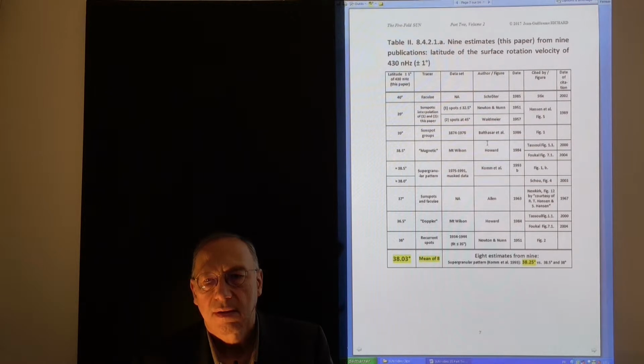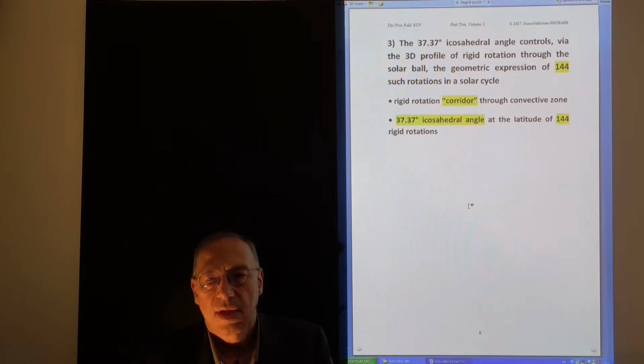You see here an excerpt from the book, this table from part 2, which is one of the pieces of evidence that were collected from the meta-analysis, in which you see from 9 estimates, of which 2 can in fact be summed up, we have a mean of 8 estimates that averages out at 38.03 degrees of latitude, where the surface rotation is about 430 nanohertz, which is the rigid rotation inside the radiative zone of the Sun.